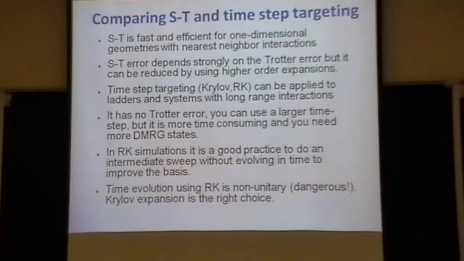It has no Trotter error, or it has one, but the main error is dominated by the truncation. Of course, it's more time-consuming. You need to target more states, and it's a trade-off. Still, this is a very powerful method.